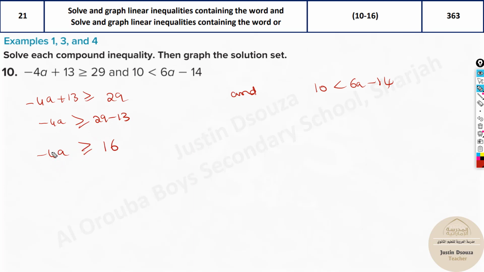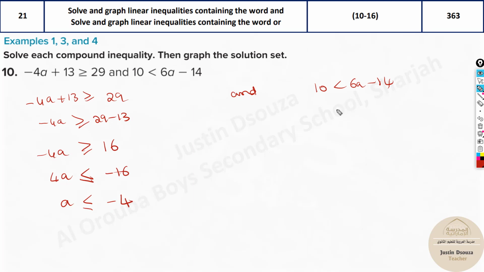So let's change the sign. This becomes plus 4a, this becomes minus 16, but the inequality changes, it flips. This is the rule which you must remember. You have done this before as well. You can change the sign of the inequality, but the inequality flips. It became 4a less than or equal to negative 16. A must be less than or equal to, take 4 to the other side, it will be negative 16 by 4, negative 4. This is one inequality.